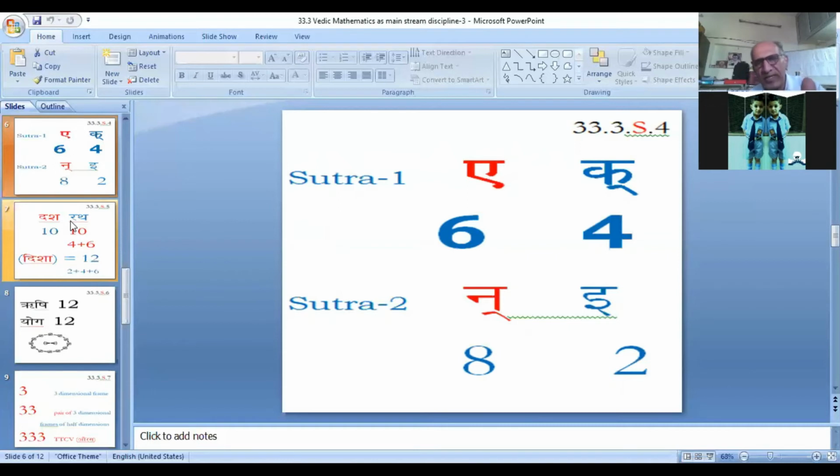Now we can see that the Sutra 1, with its first pair of letters of TC values pair 6 and 4, when appreciated in the light of the first pair of letters of the text of Ganita Sutra 2, of the TC values pair 8 and 2, will bring us face to face with the fact that the first letter of Ganita Sutra 1 has value 6, and the first letter of Ganita Sutra 2 has value 8.